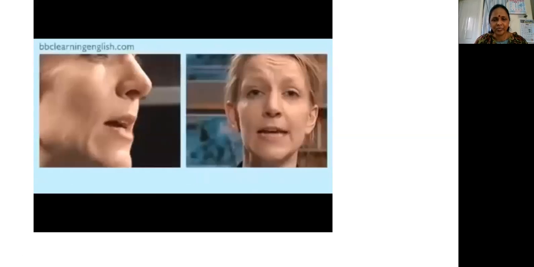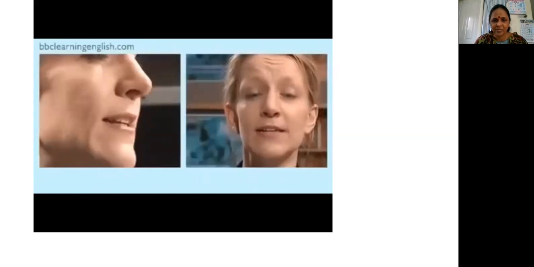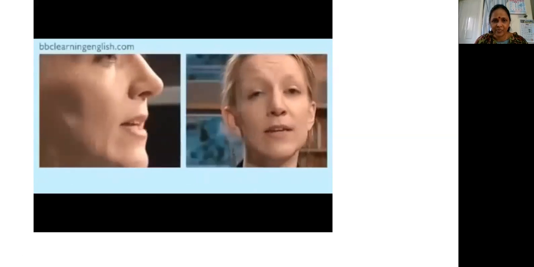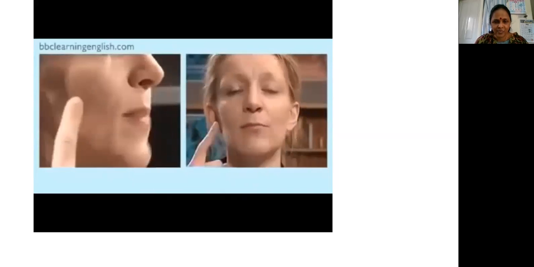More practice is needed for the last one. Sound. Now in English, you will never find it at the beginning of a word because it only comes at the end of a syllable. So you find it in the middle of the word anger, and the middle of the word thanks, and at the end of the word wrong. Now we make this sound towards the back of the mouth.